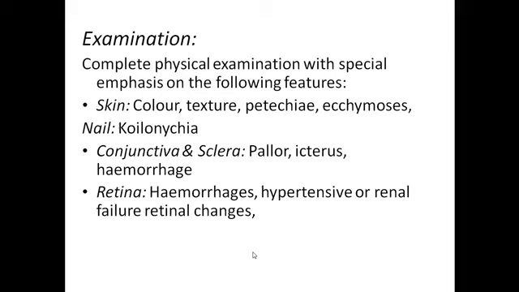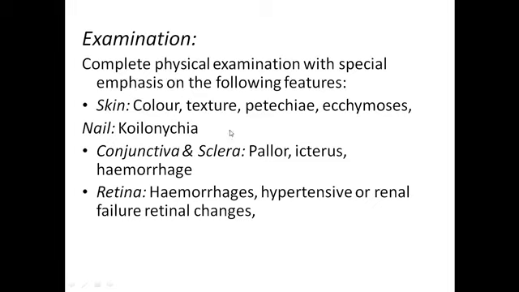So what are the examination points? After that, the examiner will ask: you have taken the history, what are the next examinations you will perform? You have to look at the skin: color, texture, petechiae, ecchymosis, nails, koilonychia. It is very important.